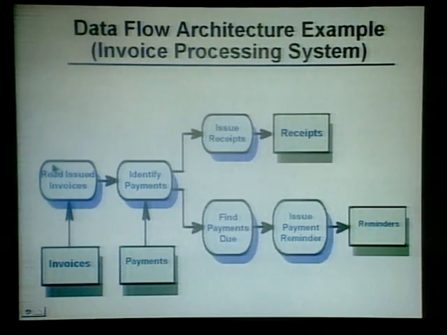Then the filter does some kind of processing on the data and produces some output, which becomes the input to the next filter in the architecture. The next filter then processes the data received from the previous filter, and it might also receive some new data, and then produces the output which can be used by one or more filters in the sequence. And the last filter might produce some kind of output which goes to the user.